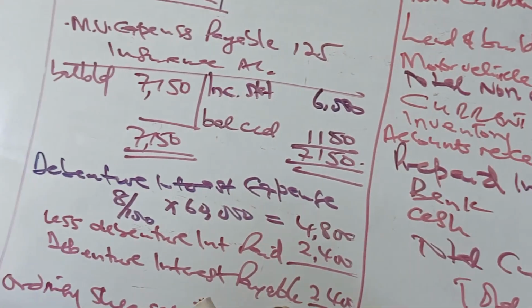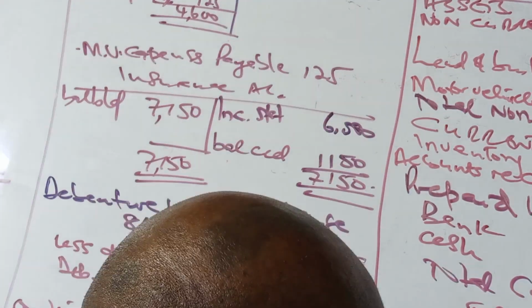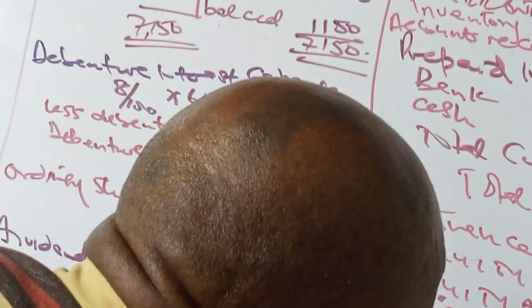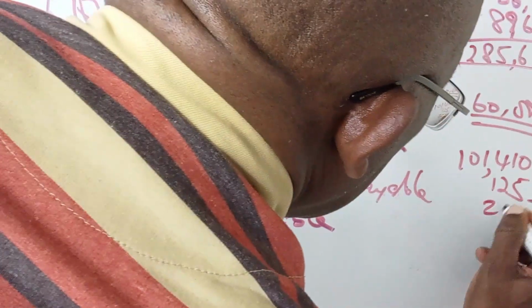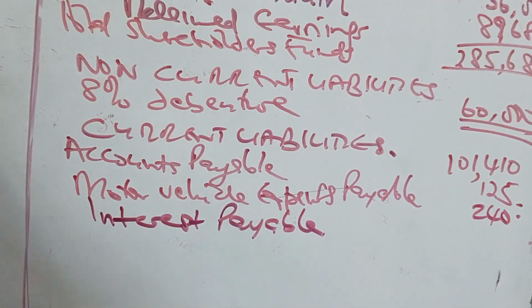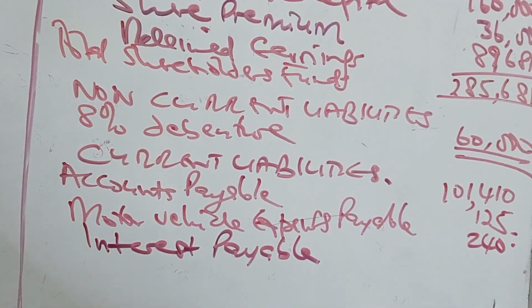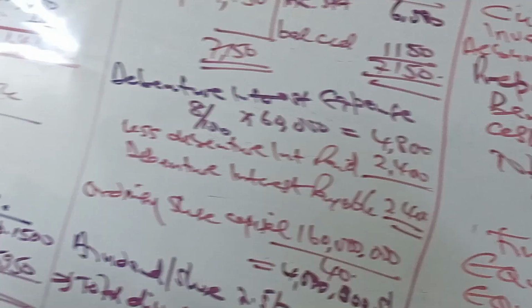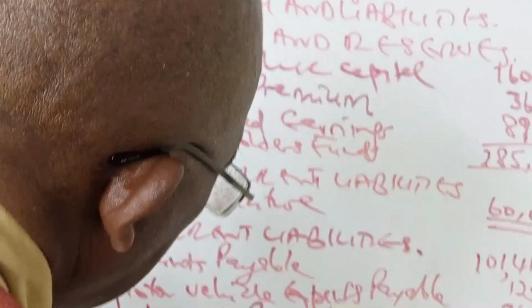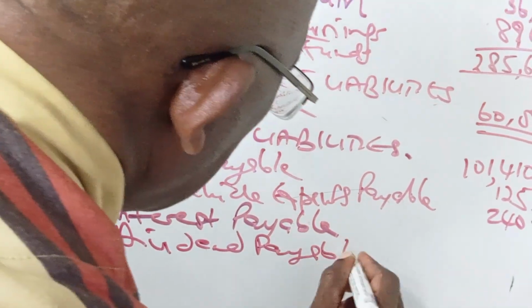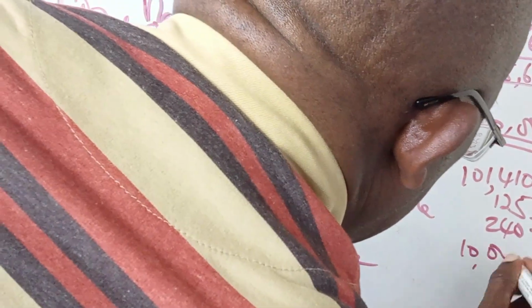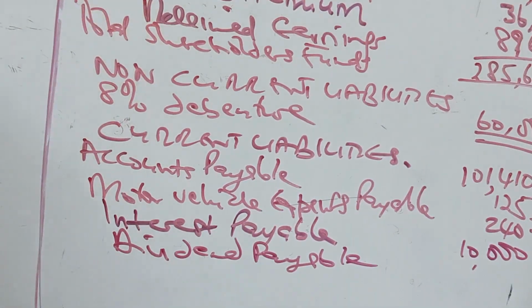Then debenture interest payable, 240. Dividends payable is 10,000.